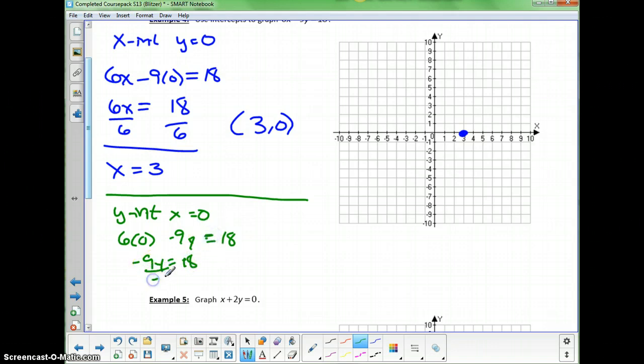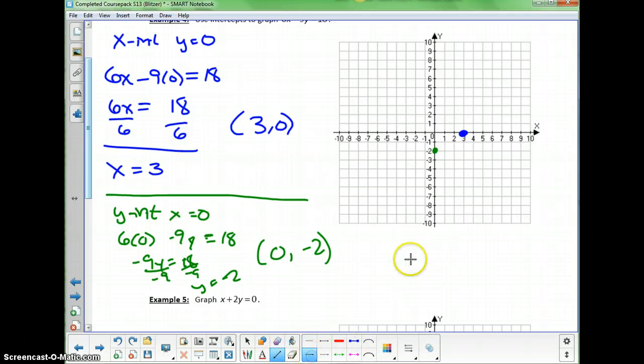And so if I divide both sides by negative 9, y is negative 2. So the intercept is 0 for x, negative 2 for y. Sorry, that one's a little bit sloppy. (0, -2), so it's the ordered pair right here. And I can connect those to draw the graph of this line.